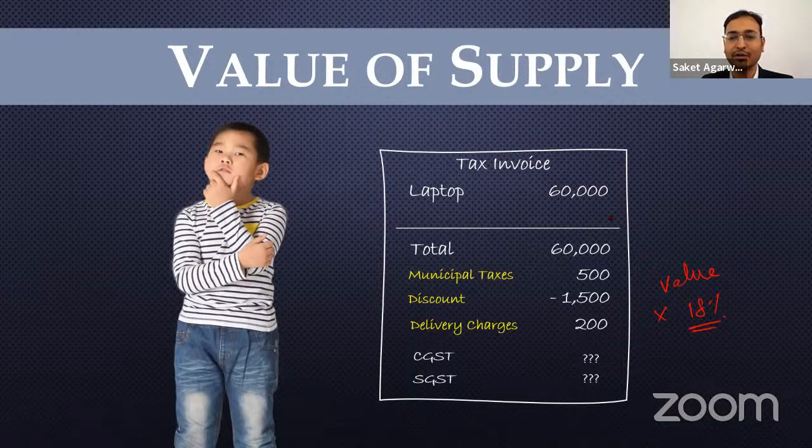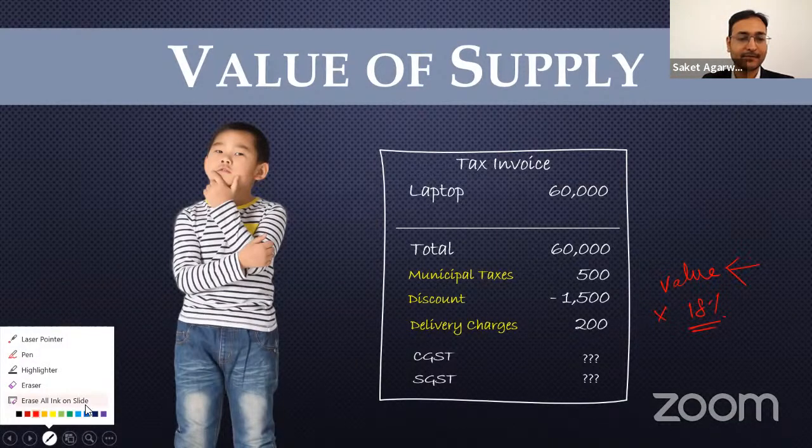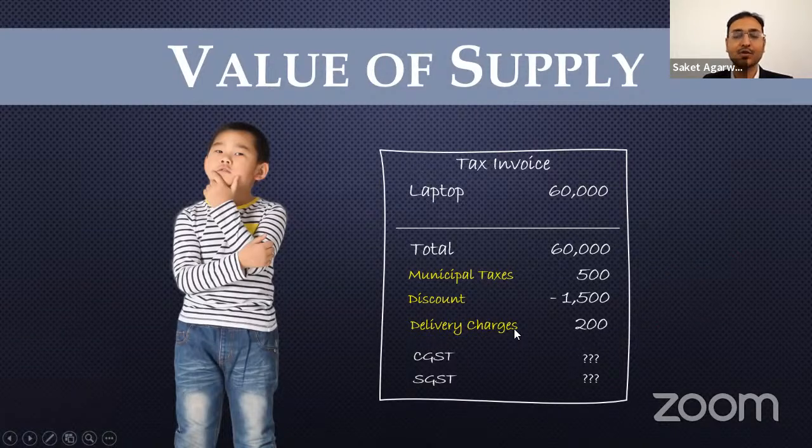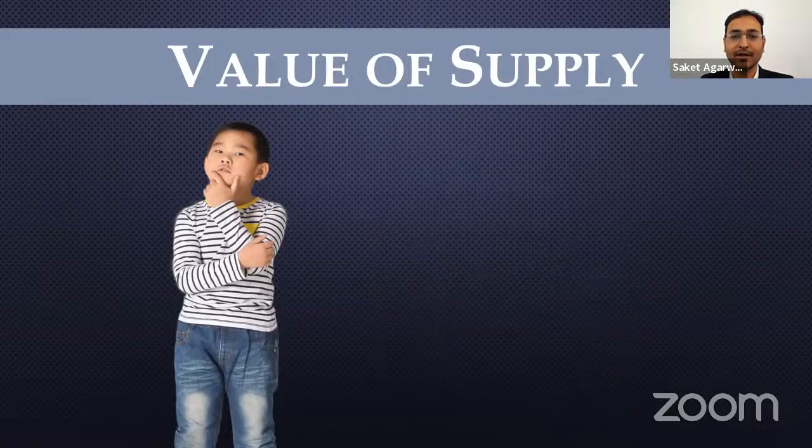What are we supposed to include in this value? What are we allowed to exclude from the value? What are the situations, what are the conditions we should follow if we want to exclude something from the value? Not only this, these are some of the situations that we are going to find out the answers for.